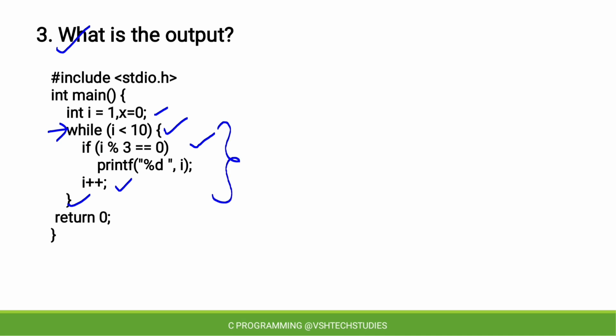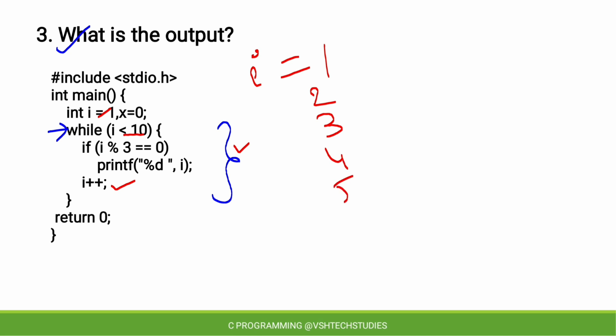So if you see, I is 1 in this line. In the next line, the condition when it is checked, I less than 10. So as long as this condition is satisfied, the loop body gets executed. So that is the first point. So next point, inside the loop body, what is happening to I? It is incremented by 1. So I starts from 1. Every time it is incremented by 1, so next time it will become 2, 3, 4, 5, 6, 7, 8, 9.